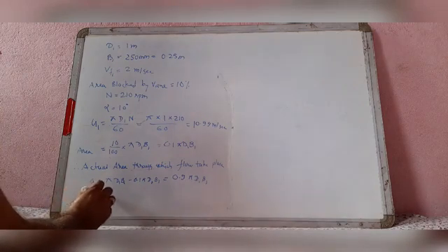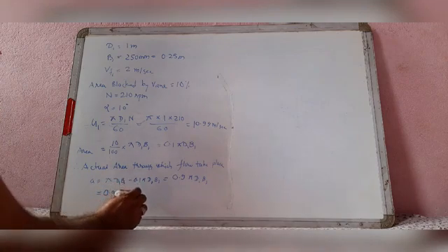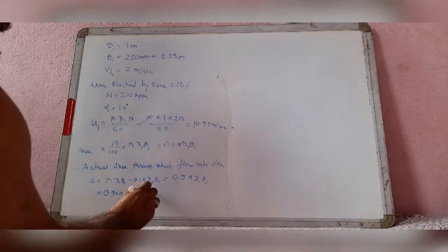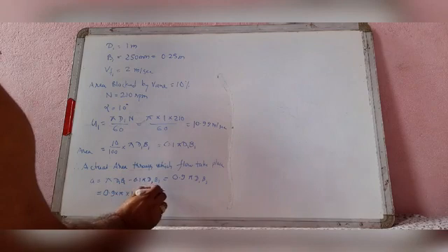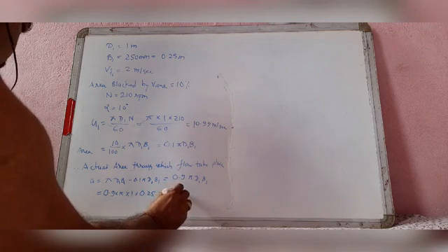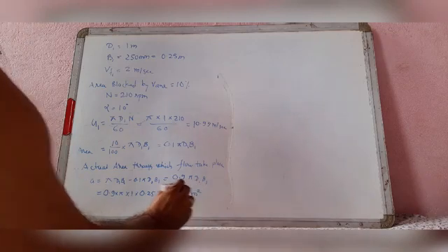Putting the values here, 0.9 into pi into D1 is 1 and B1 is 0.25. So this area comes 0.7068 meter square.